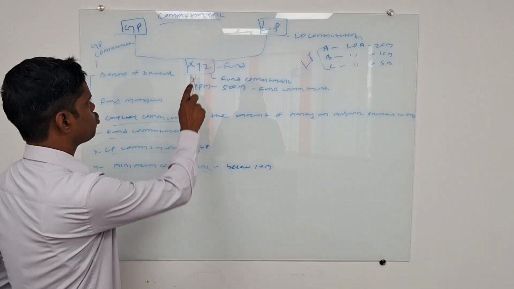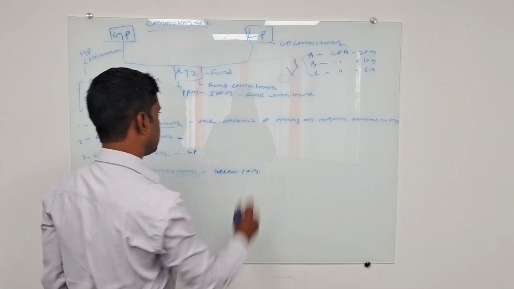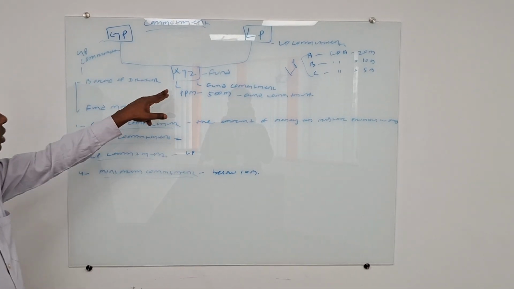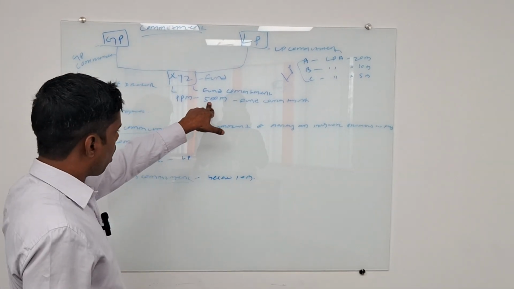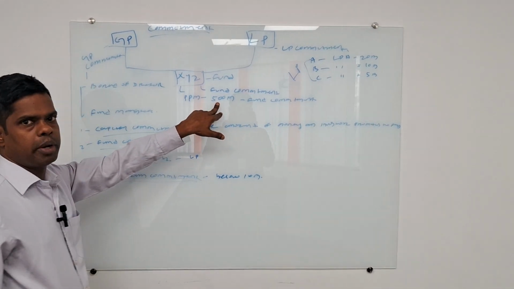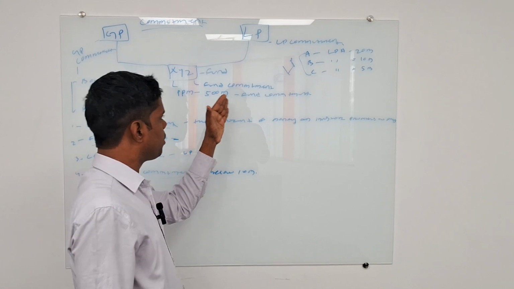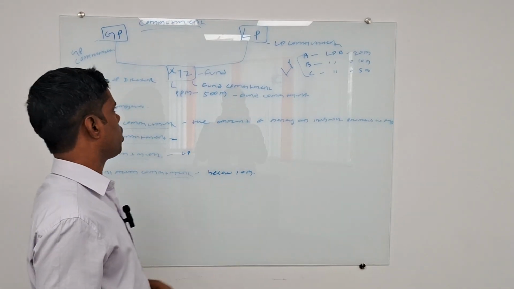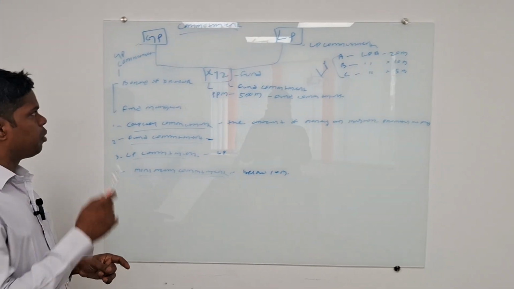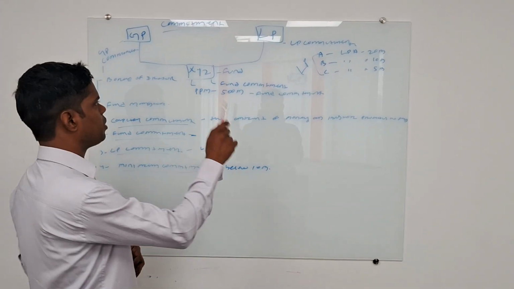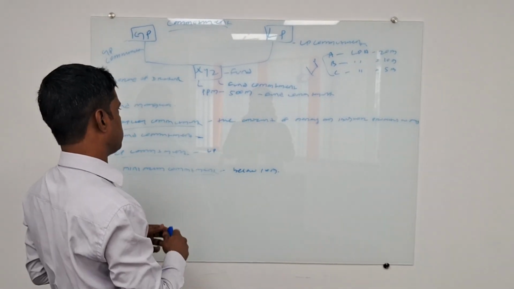For example, the XYZ fund has a target of 500 million as the fund commitment. What does this mean? The fund can go up to 500 million as a commitment. It cannot go above that, though it may go below. This is the fund commitment. In a particular fund, the GP decides the target commitment to be invested in different portfolios.